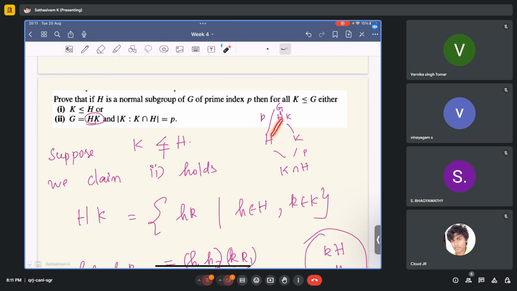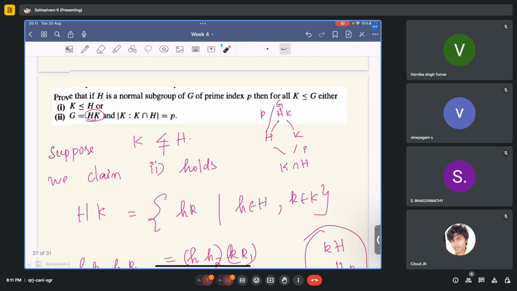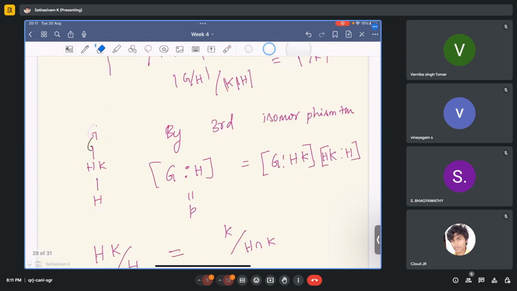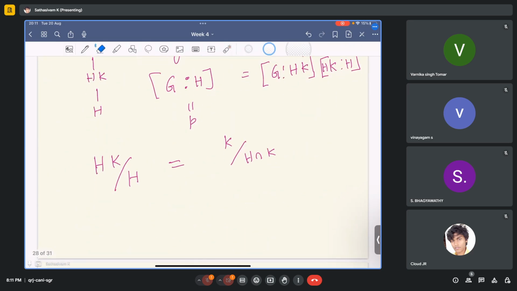So now we want to find this index, so it is the same as finding this index.